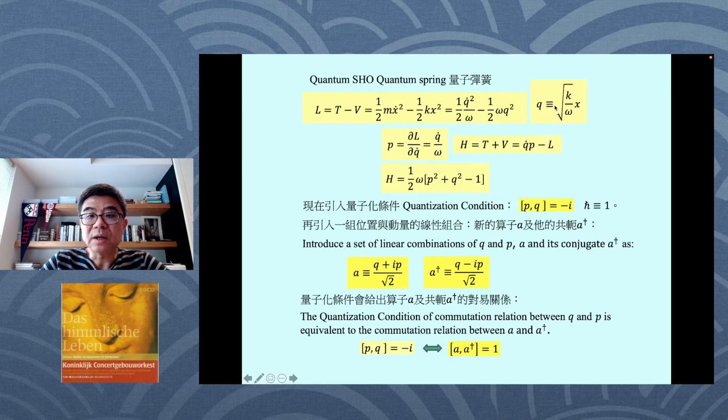Q is defined as a constant times x, and then the second term can be written as 1/2 omega q squared, and the first term can be written as 1/2 q dot squared over omega. These are just arithmetics.